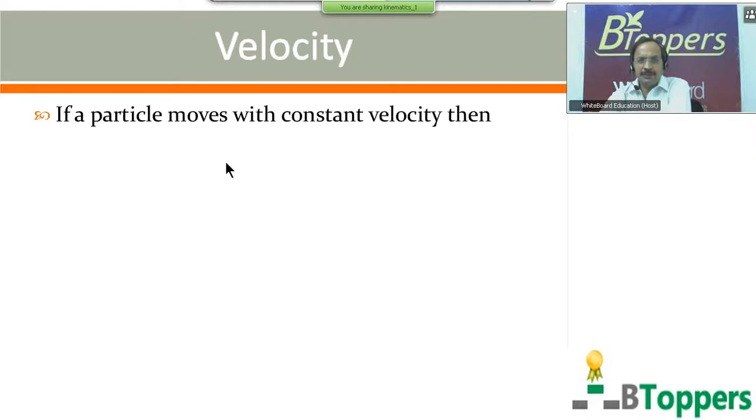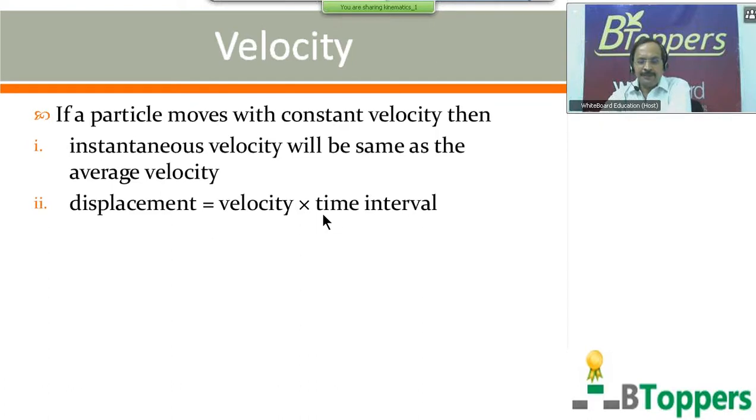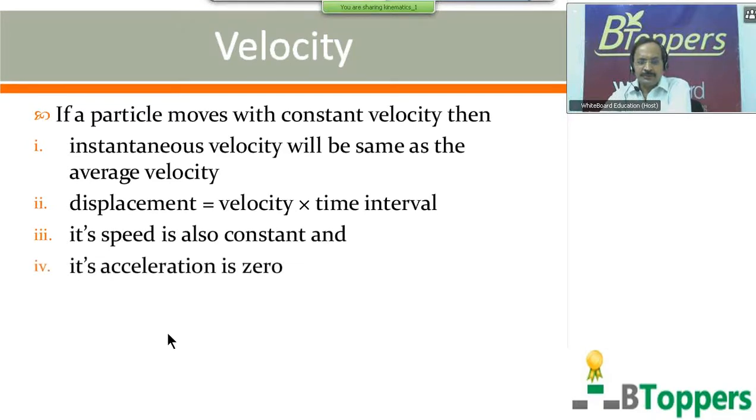If a particle moves with constant velocity, then instantaneous velocity will be the same as the average velocity. Displacement is equal to velocity into time interval. Its speed is also constant, and its acceleration is 0.